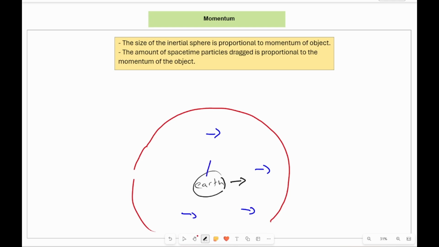And that's because every bit of Earth is dragging, right? Any point on Earth is going to have the same contribution to the drag of the inertial sphere. We all agree, this one feels that direction. Over here, it all agrees here, right? So this large inertial sphere is only created because all of the linear momentum of Earth is dragging it in the same direction.